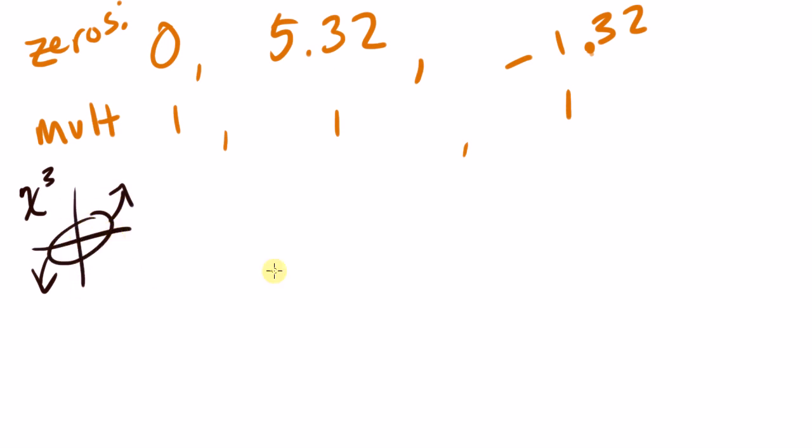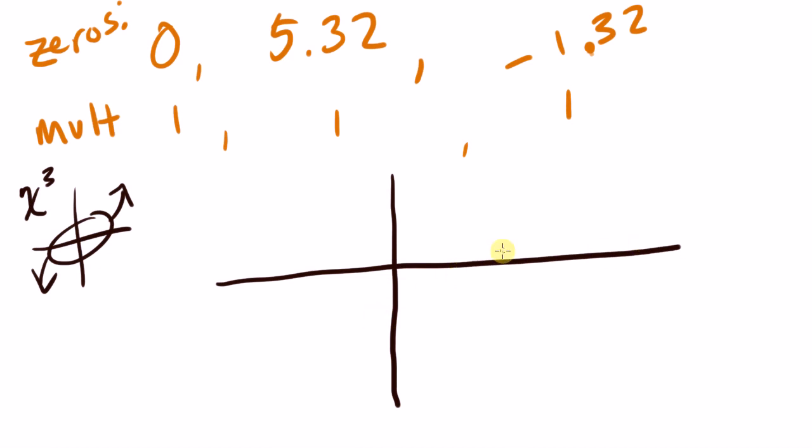So we have a 5.32, whatever, we'll say that about right there. We'll call that 6. Negative 1.32. So this would be negative 1, negative 2, and then a 0 at 0. Actually, I'll change these colors to make them a little brighter.